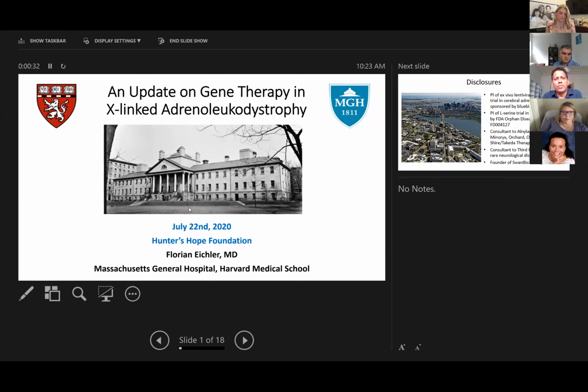I will here focus solely upon gene replacement in X-linked adrenoleukodystrophy, and hopefully impart how this is an evolving field that is more focused on the cell types that we're trying to correct the gene in, and that depends on the specific phenotype that we are targeting.